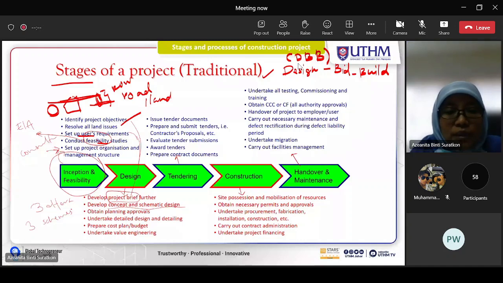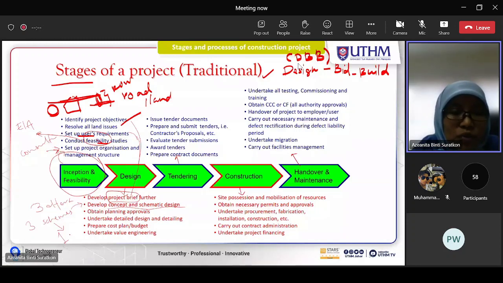Then at the next stage, the client will pick from these 3 proposals the one most suitable to what he wants. So from there the client will decide on only one design.